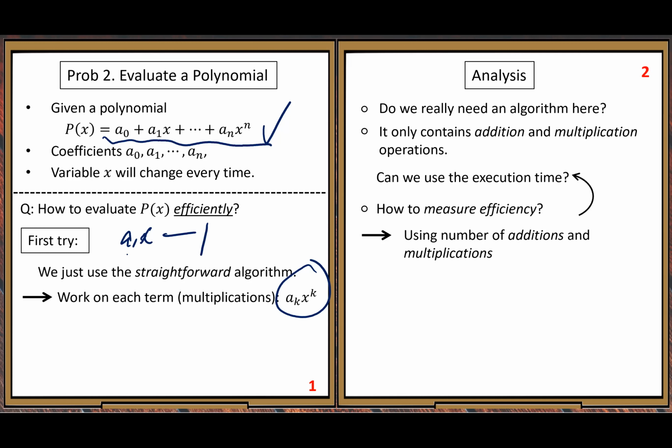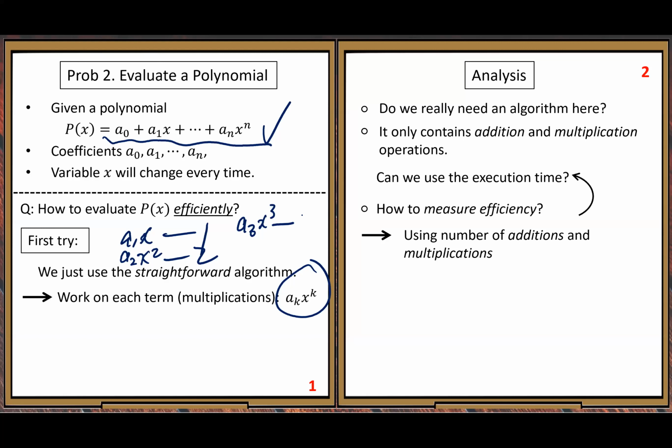When k equals 2, you have x squared. Do you need a multiplication for x squared? Yes, just one, x times x, and then multiplication times a is 2, right?